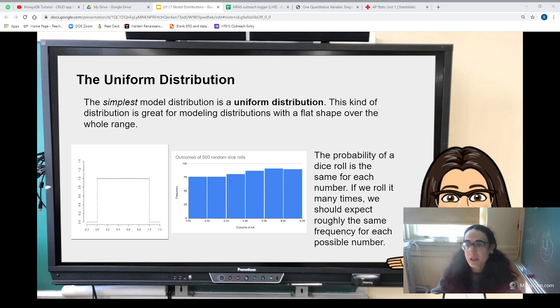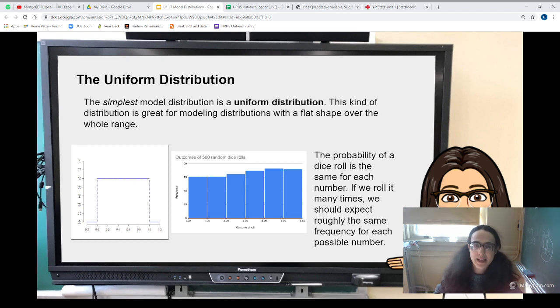So this is something we can model. If we go into a second lockdown now and you just get really bored and you want to shoot a die all day and log what results you get, sure, there's going to be a little bit of wiggle in there.